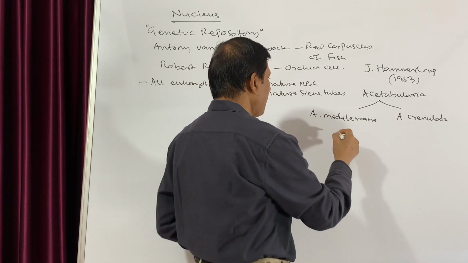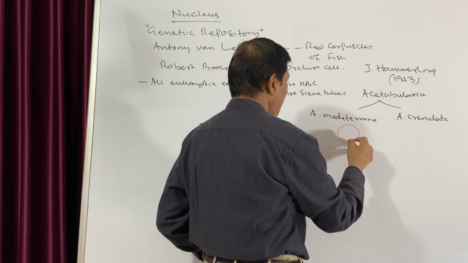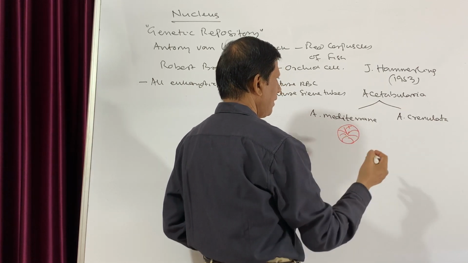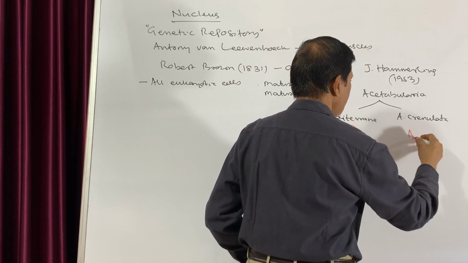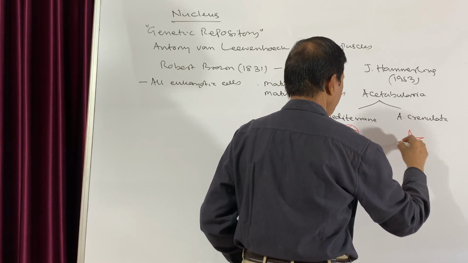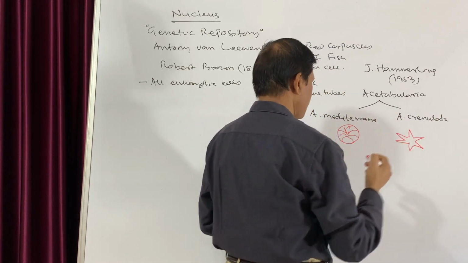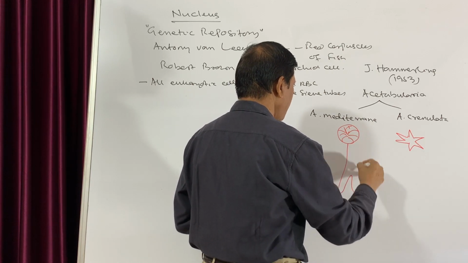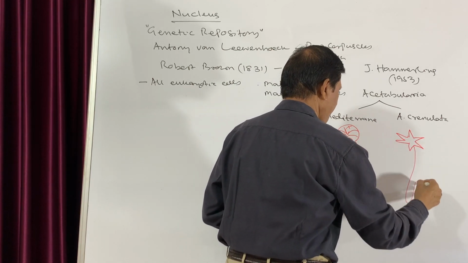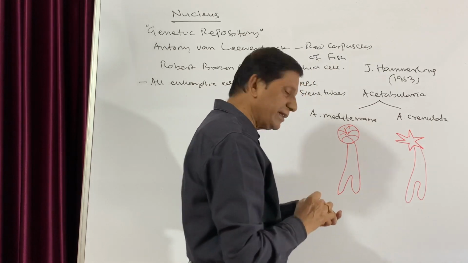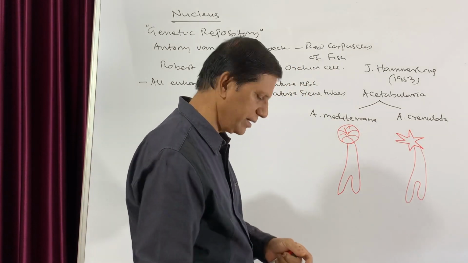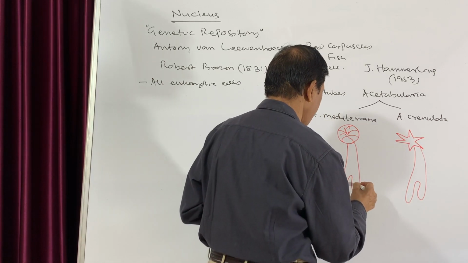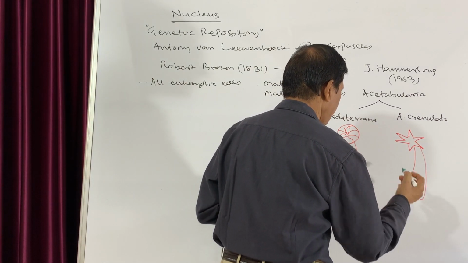In the case of mediterranea, the cap is ray-shaped, while here the cap is star-shaped. The remaining part is the rhizoid part, and the nucleus always lies in the rhizoid part. That means here the nucleus is present in the rhizoid.